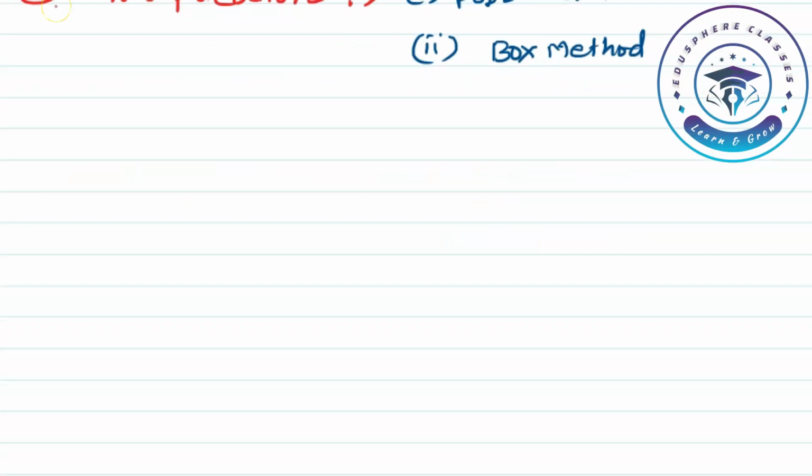Suppose we have a question where we have to multiply 2x minus 3 times 4x plus 1. Then what we will do, see, this is called the FOIL method. FOIL means first, outer, inner, last.